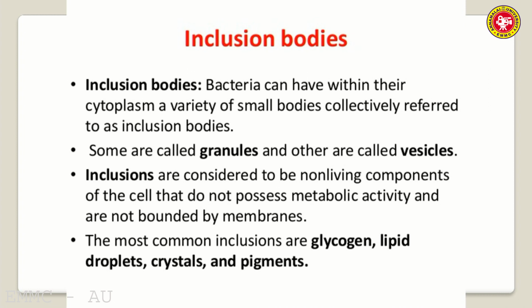Inclusions are considered to be non-living compounds and do not possess any important metabolic activity, but they are present in the cytoplasm during starvation conditions. At that time these inclusion bodies are utilized by the bacteria. The most common inclusions are glycogen, lipid droplets, crystals and pigments.